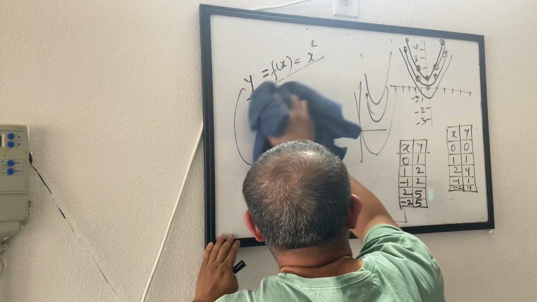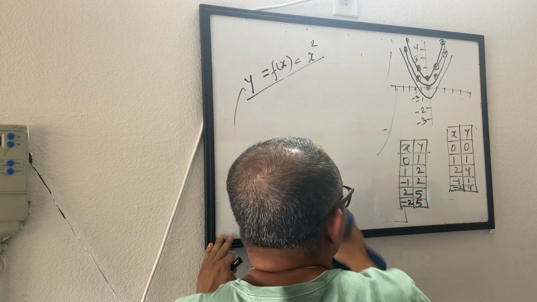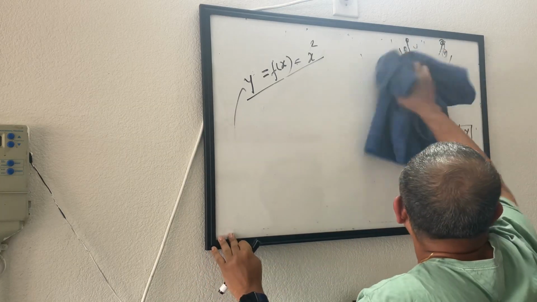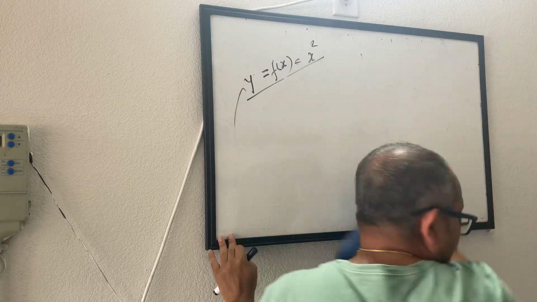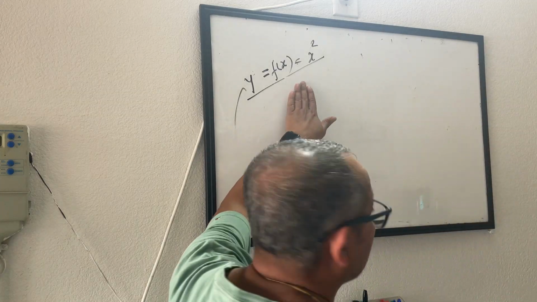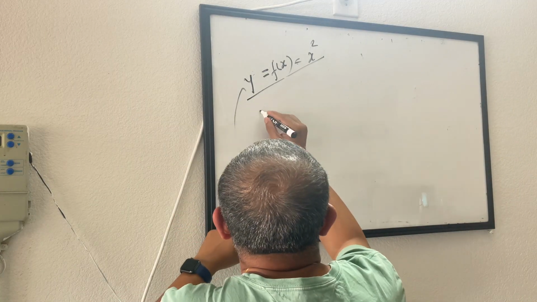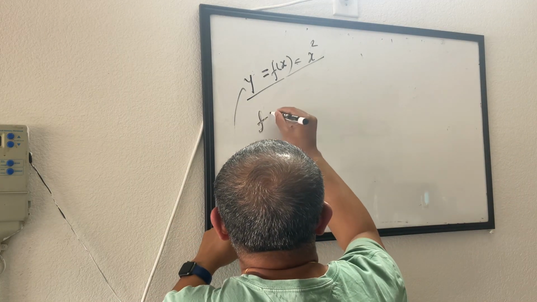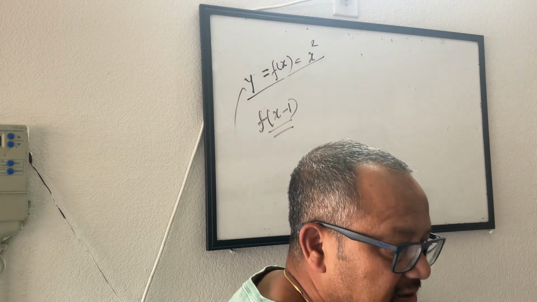Now, what will happen if I have a function like this and I put this?